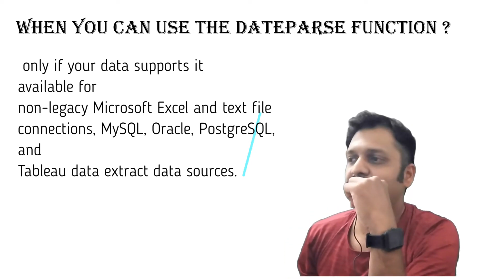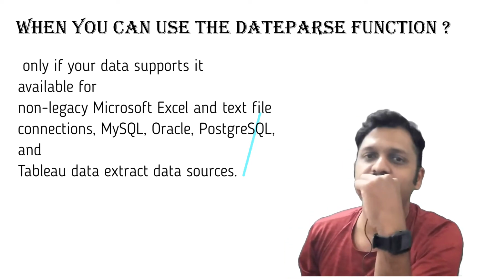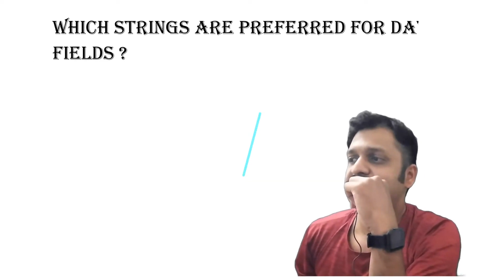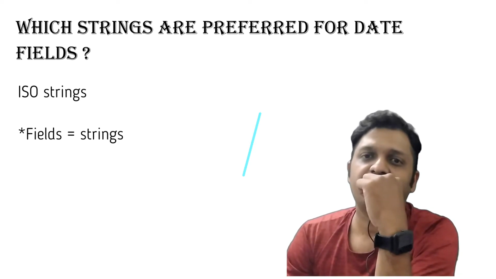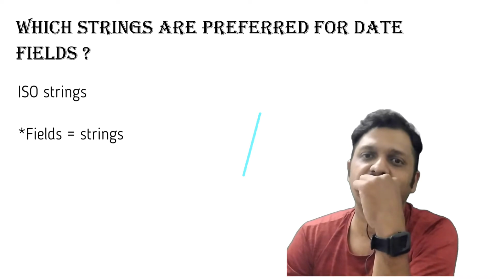Only in that case you can use the dateParse function, otherwise you cannot. Next question. Which strings are preferred for data fields? ISO strings are preferred for the date fields because they are not locale specific.